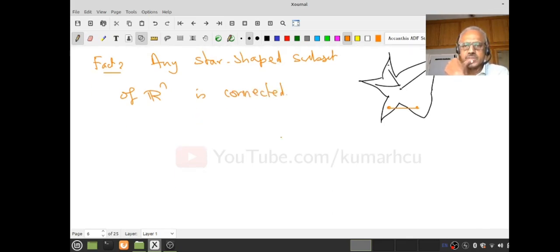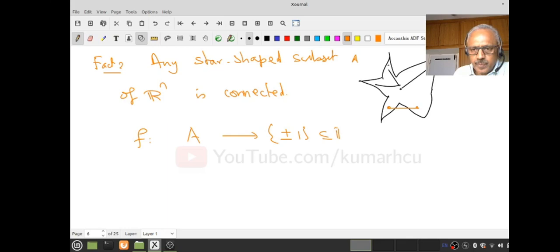Why is it true? That's again clear. Suppose let f be a continuous function from a star shaped set A to R, with values in a subset of R. Let this be continuous. Let us take this a. There may be many such a, for example this a will also work, any a here will actually work.